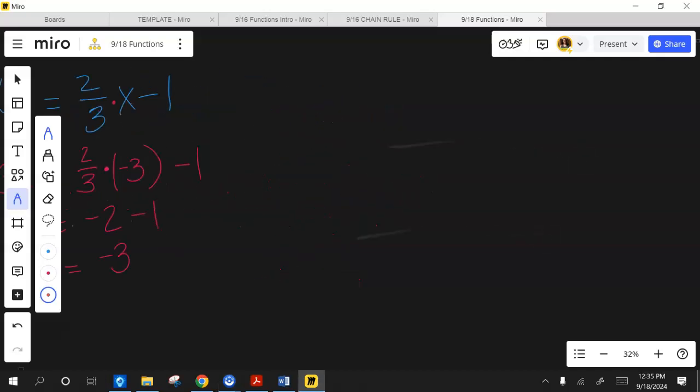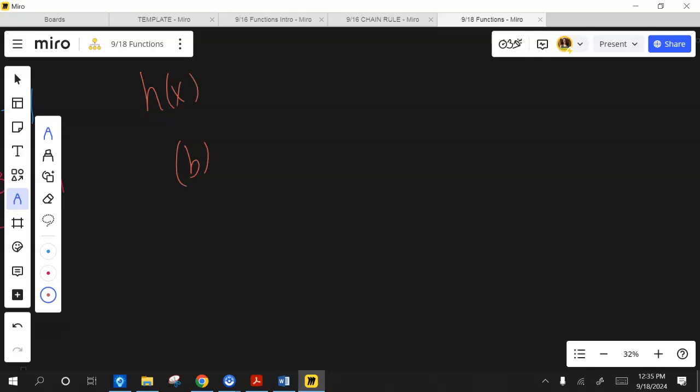All right, part B. Guys, remember my equation is 2/3 x minus 1. Part B asked me to find h of 0. So that means every place there was an x, what am I replacing it with? 0. Okay.